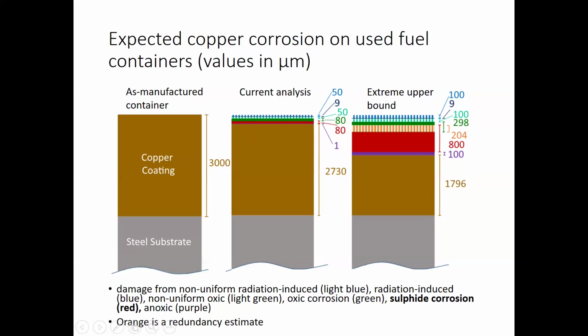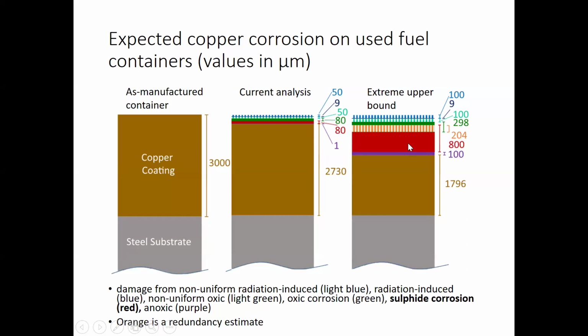Sulfate is one of the major constituents of the groundwater in these cases. So there's going to be sulfur present as sulfate. What we don't necessarily know is how much sulfide is going to be produced by these bacteria. So our analysis shows that it should be enough to account for about 80 microns worth of corrosion.